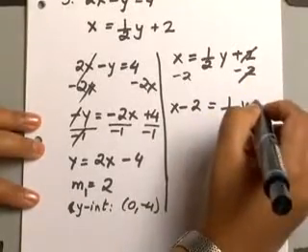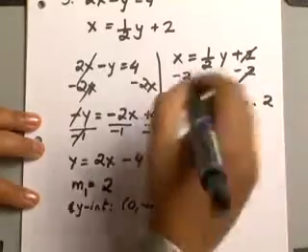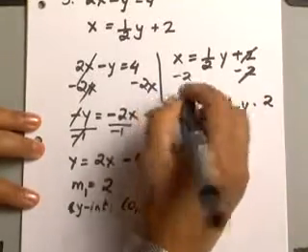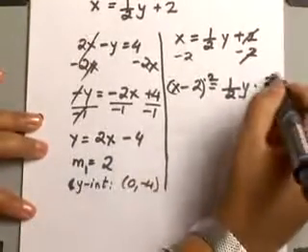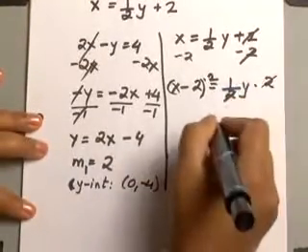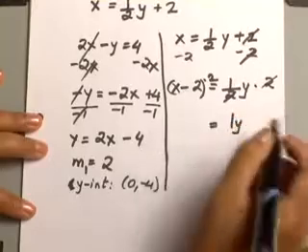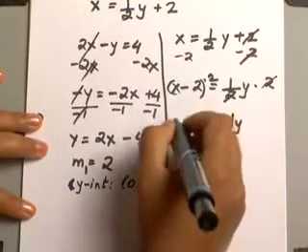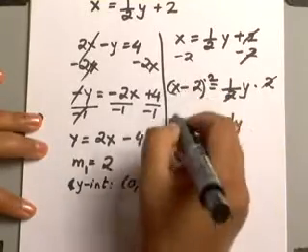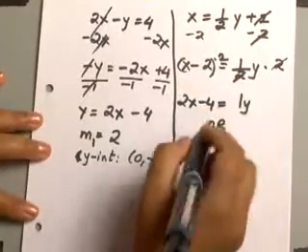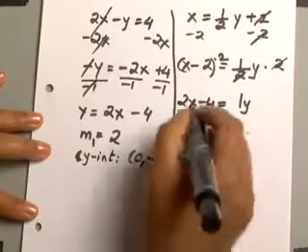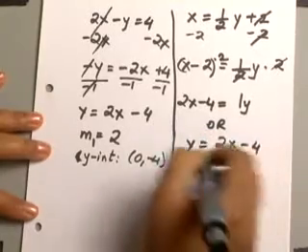We can multiply by 2 on both sides. Okay, so that will get rid of the 2 in the denominator, which will give you 1y, and this gives you 2x minus 4. 1y is the same thing as y, so you have y equals 2x minus 4.